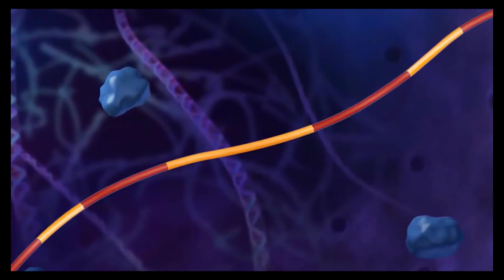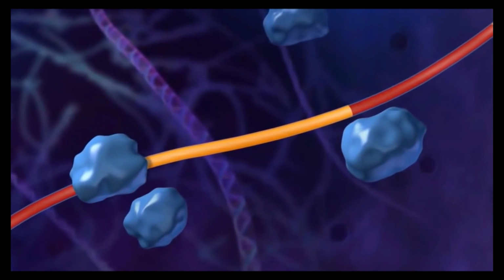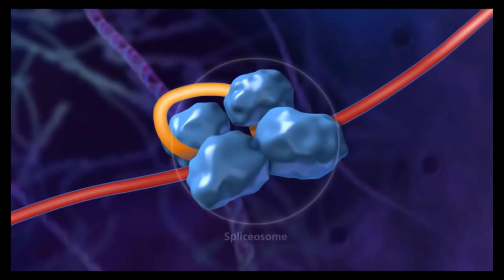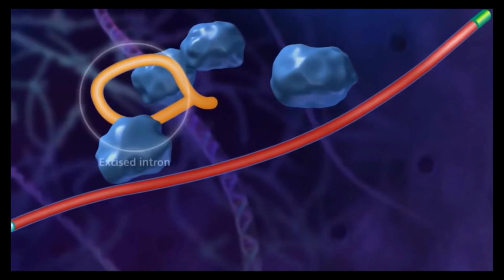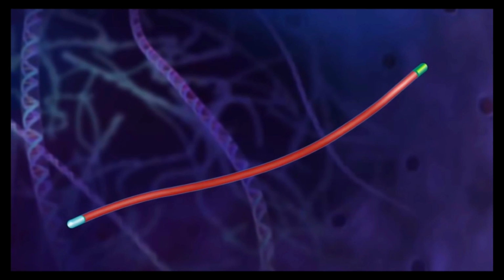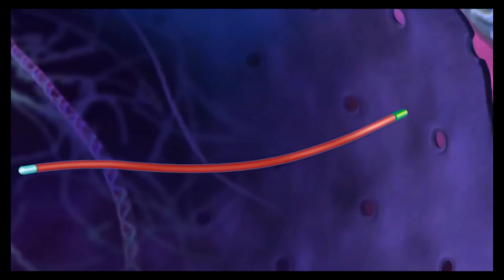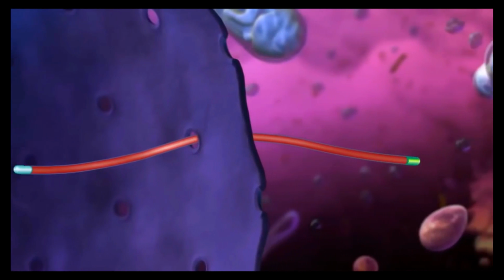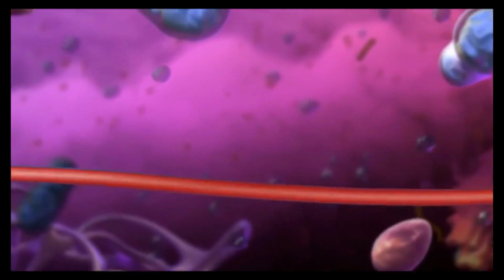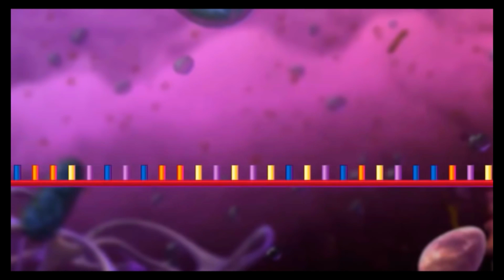This process, called intron splicing, is performed by a complex made up of proteins and RNA called a spliceosome. This complex removes the intron segments and joins the adjacent exons to produce a mature messenger RNA strand that can leave the nucleus through a nuclear pore and enter the cytoplasm to begin translation.